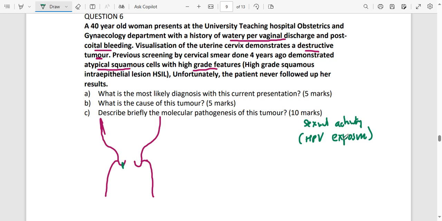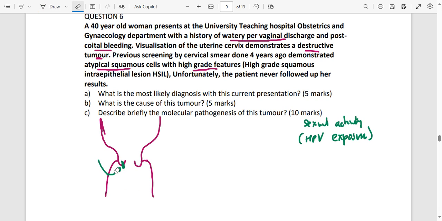And what that is going to do is cause the transition zone, the squamocolumnar junction, to change. Normally before puberty, the squamocolumnar junction is inside. This region here is known as the ectocervix. The cervix which is inside here is known as the endocervix.